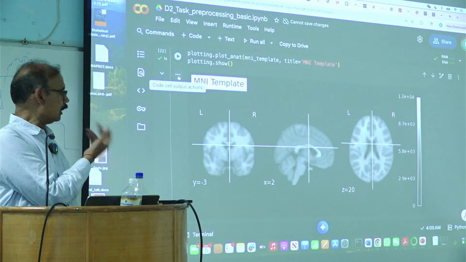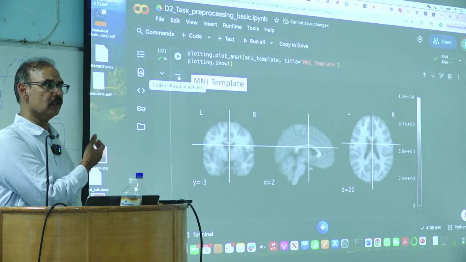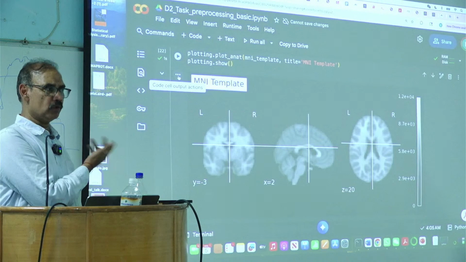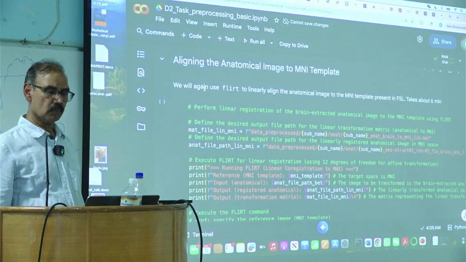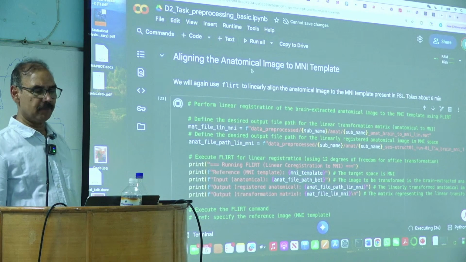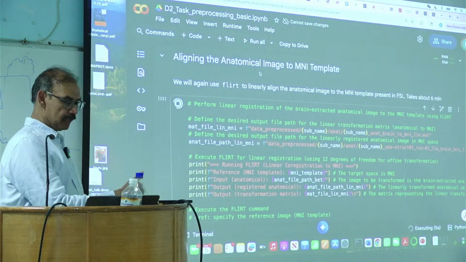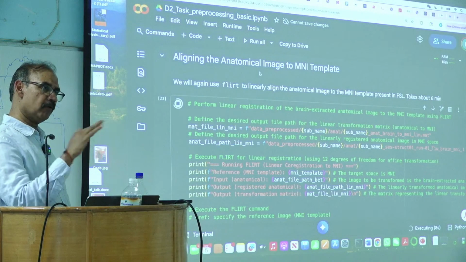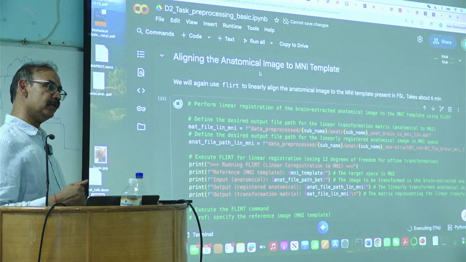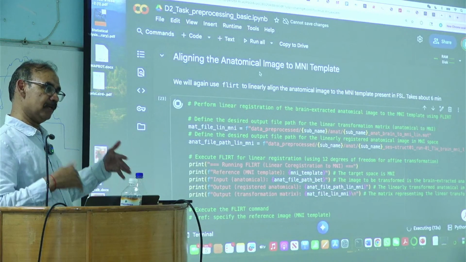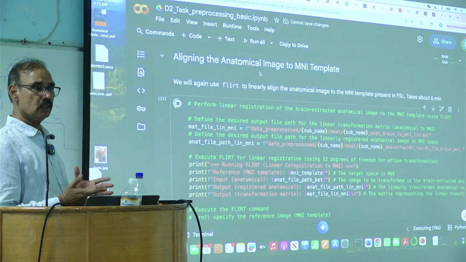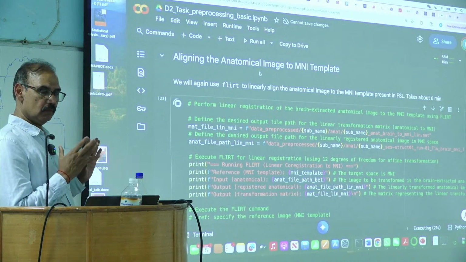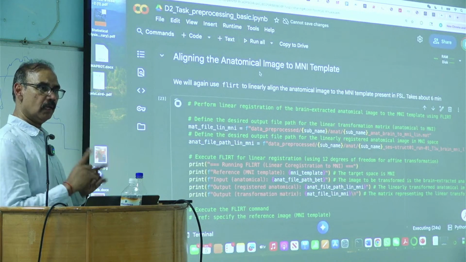So by looking at your data, I can tell which location and where you are. So we first do the registration for functional, then we do registration between anatomical and functional. Now we are transforming between anatomical and MNI.